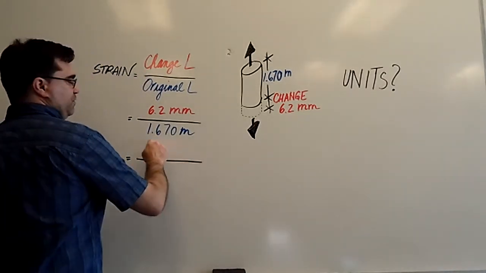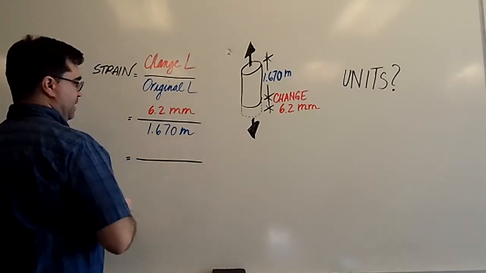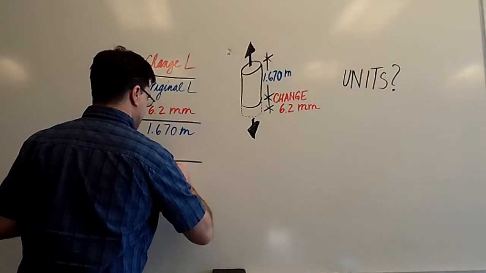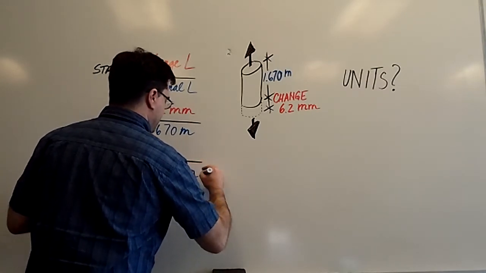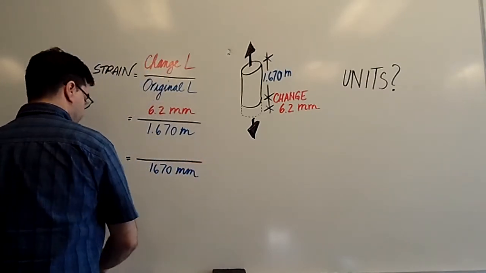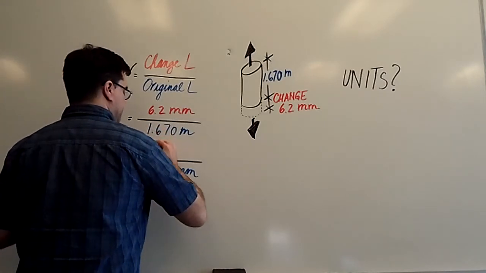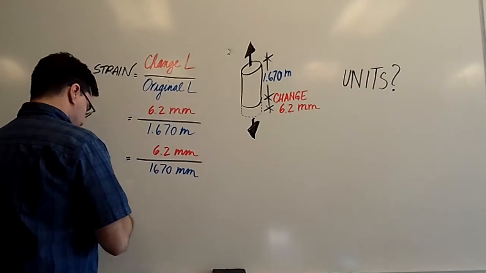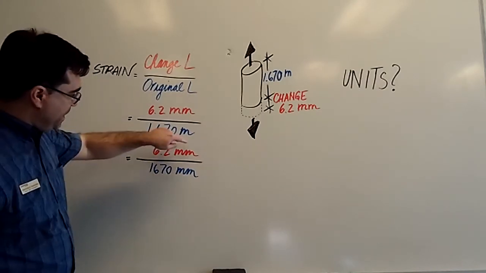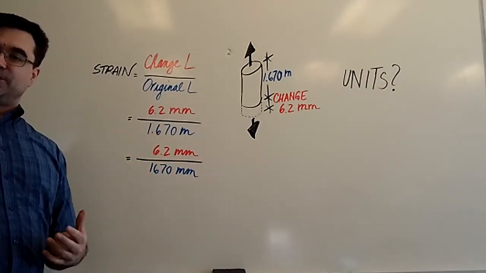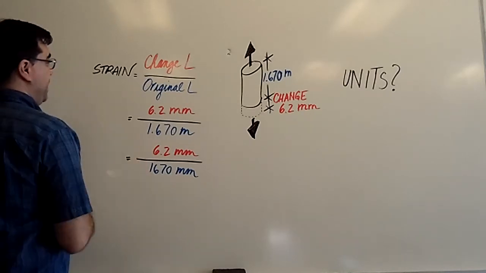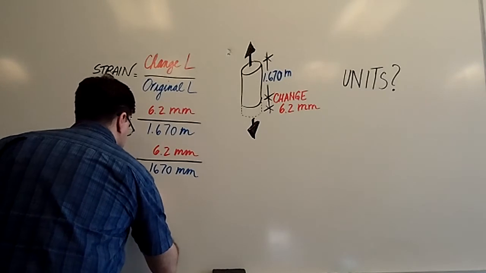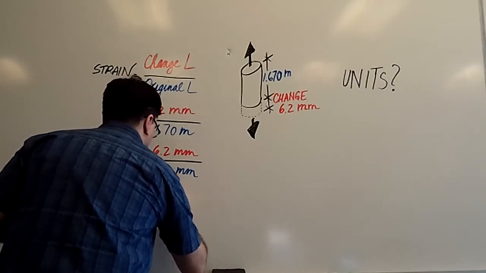So I choose to convert this to millimeters. So 1.670 meters is 1,670 millimeters. The numerator is still the same, 6.2 millimeters. And this is great because now millimeters and millimeters cancel out. 6.2 divided by 1,670 gives us this: 0.003.